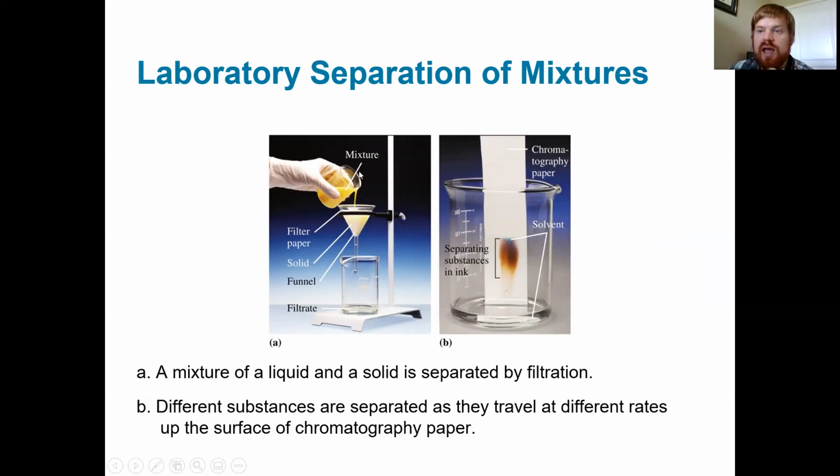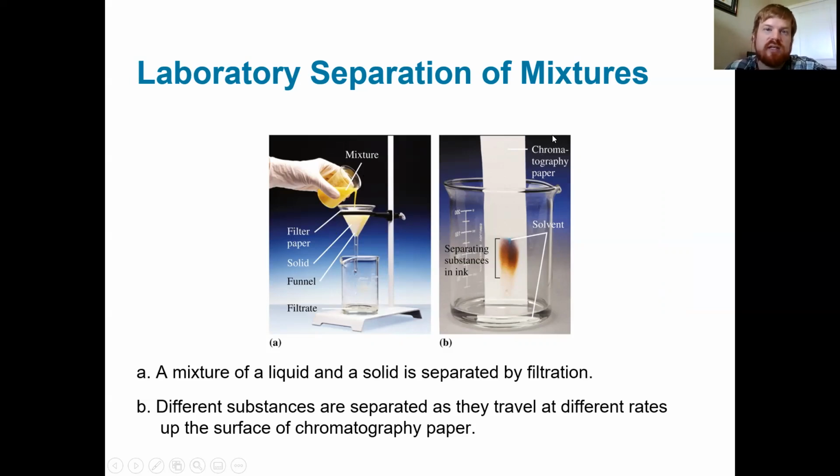We'll go over these terms in lab, but I'll just say them now. Of course, the filter paper solid gets caught there. The liquid that passes through the filter is what we call the filtrate. So that's down here.